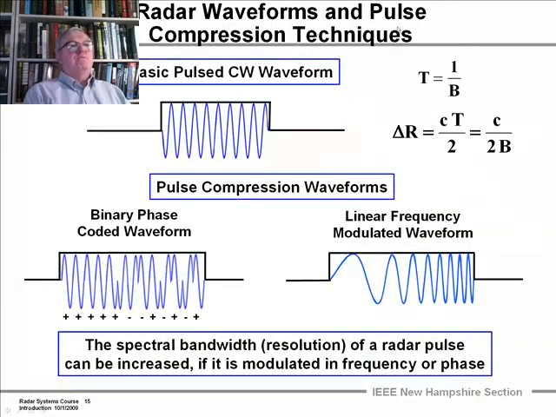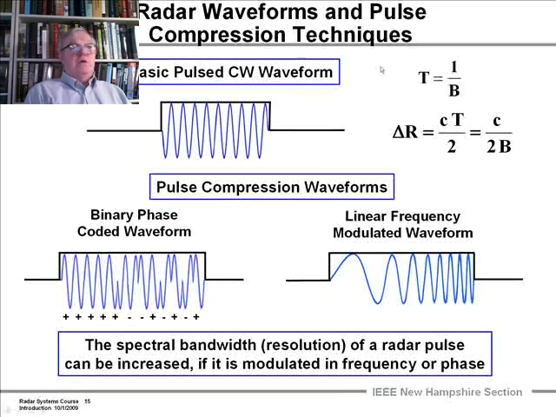Now on to waveforms and pulse compression. The basic pulse waveform of a radar in a pulsed CW mode is that there'll be no transmission, and then the transmitter will turn on and transmit a sine wave of electromagnetic microwave energy and then turn off. This is a pulsed CW waveform.